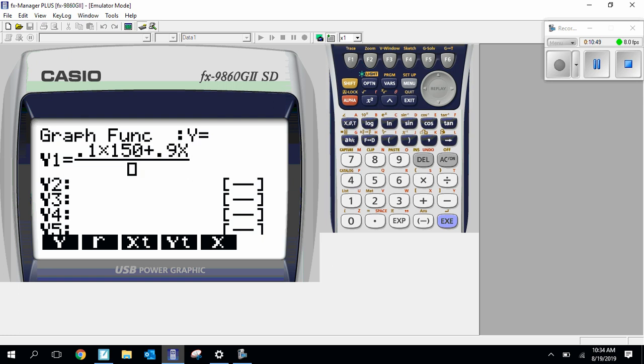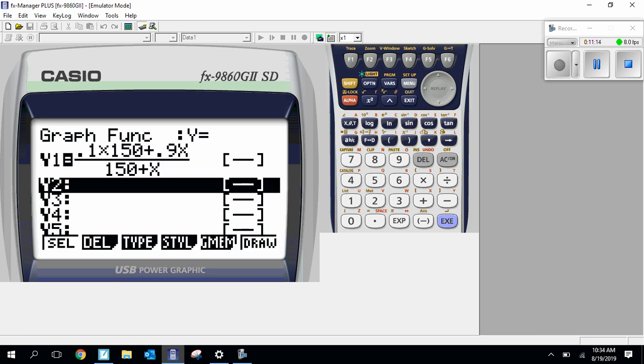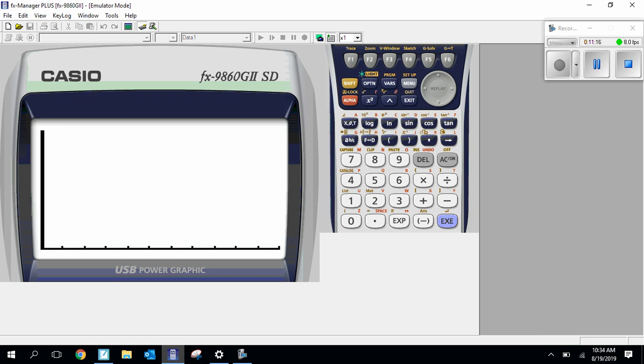If your calculator does not do fractions, you just need to make sure you have parentheses around the entire numerator and then your divide button or the fraction button, where you need parentheses around the whole thing, like this. And then our denominator was 150 plus x. And we can hit graph on that, but we need to set our window.